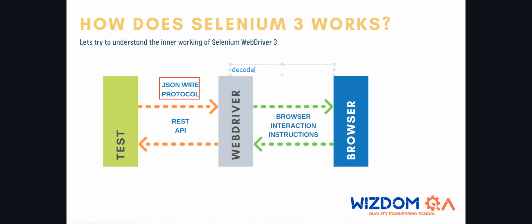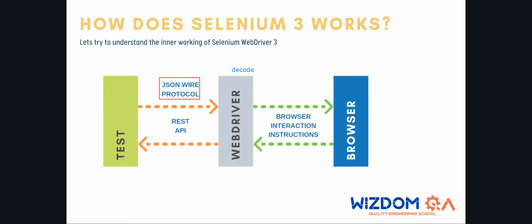That's the instruction which the WebDriver REST API server will decode, and then that action will be performed in the browser. Once it is done, it will send a response back to the REST API server saying, hey, this action has been performed properly. And then that response is sent back to the test again.